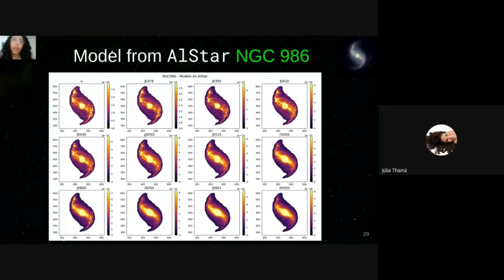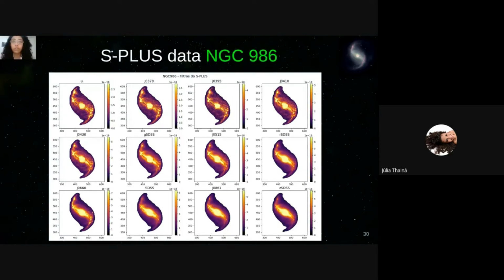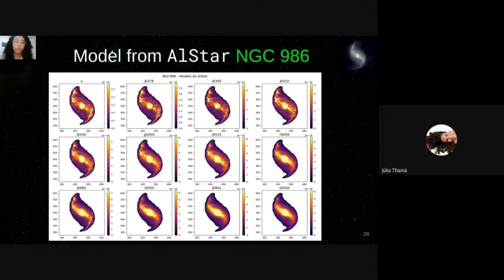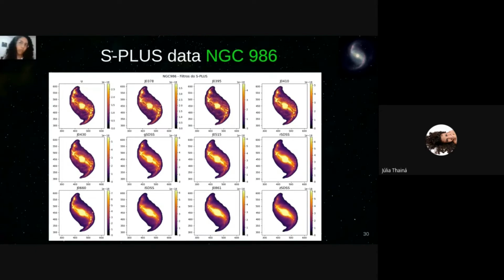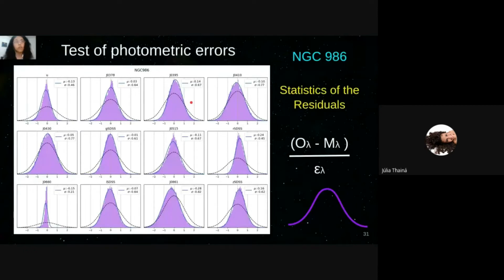Here we have the model from All-Star for the 12 filters, and here the original flux. And we can see again that they are very close, with lower ratios just in the bluest filters. Right. Here we have a test of photometric errors, where the purple histograms are the observed data minus the model divided by the error.